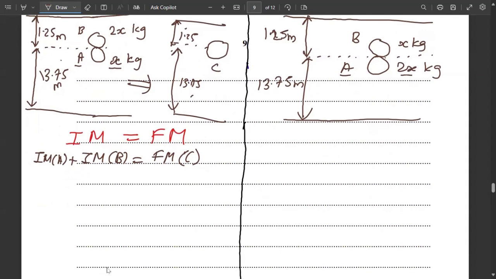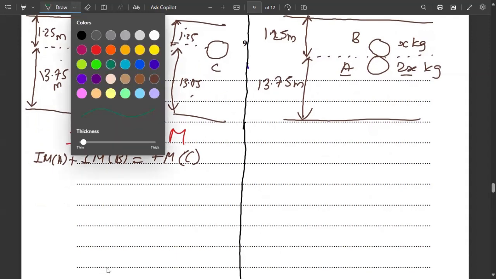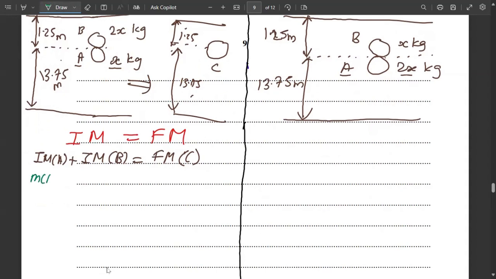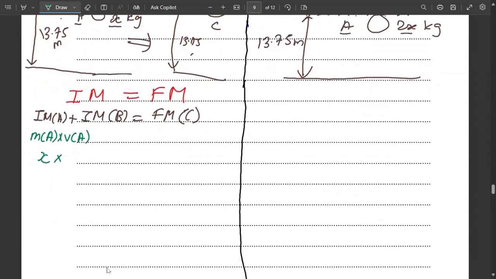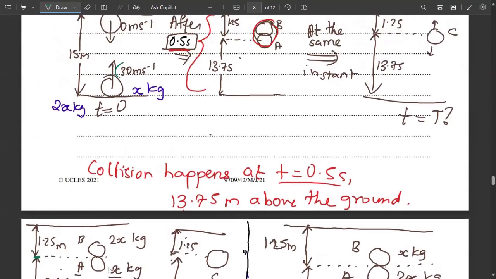So initial momentum of A will be mass of A into velocity of A. The mass of A is x, so x into velocity of A. As A reaches 13.75, what will be its velocity? That we will have to calculate. How? We can use v square equals u square plus 2as. We don't know the final velocity as it reaches 13.75; we have to find out. Initial velocity of A was 30.